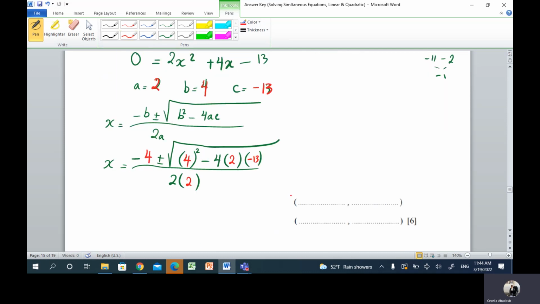Now we're going to use the calculator to find two values for x. So we're going to substitute, use the calculator, fraction line minus 4.